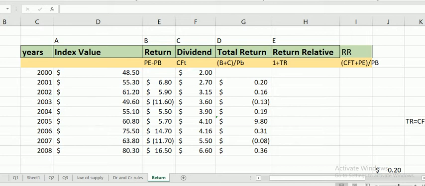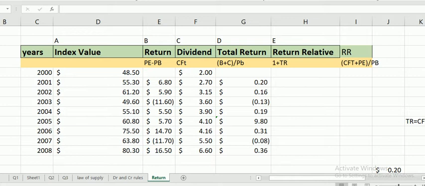When we want to change the negative value to positive, we add the total return TR to 1 to get the return relative.